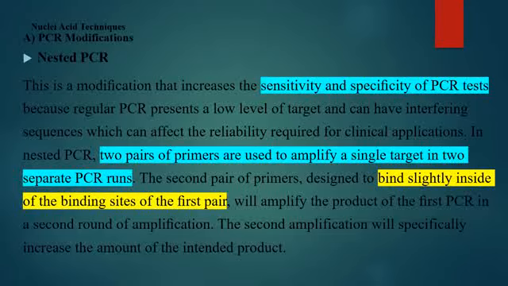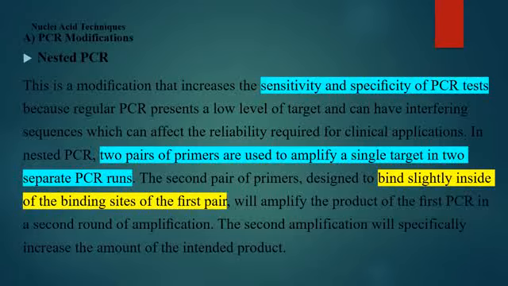Then we have the nested PCR. It's a modification that increases the sensitivity, one, and then the specificity of the PCR test. Because regular PCR presents a low level of target and can have interfering sequences which can affect the reliability required for clinical application.